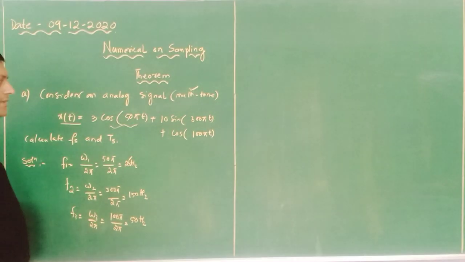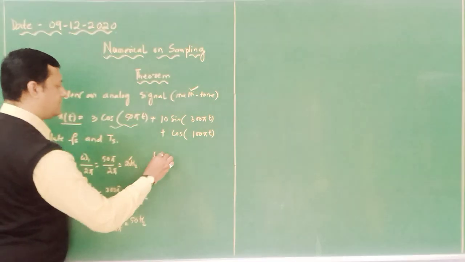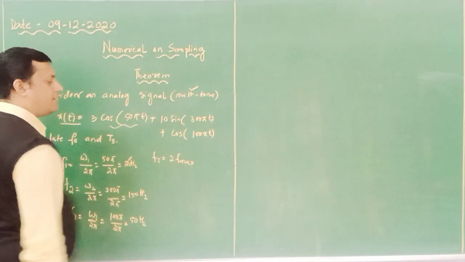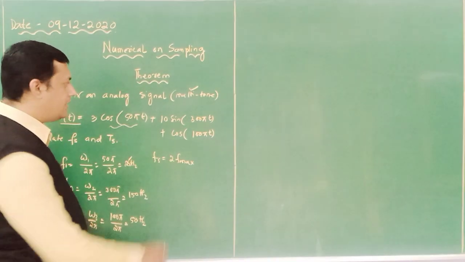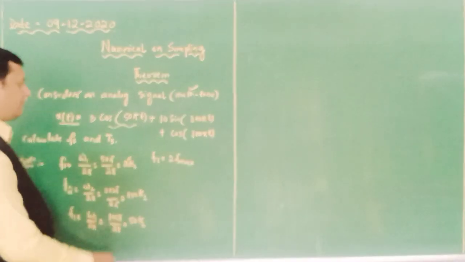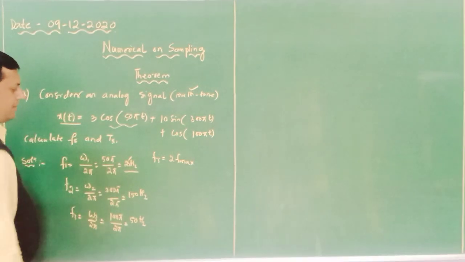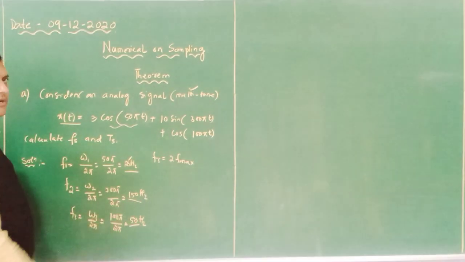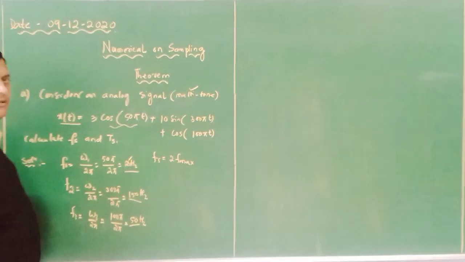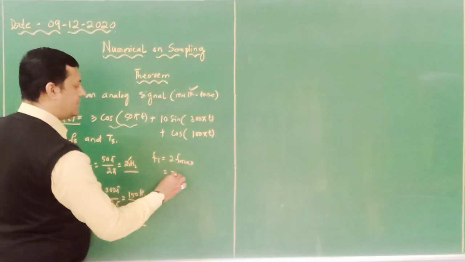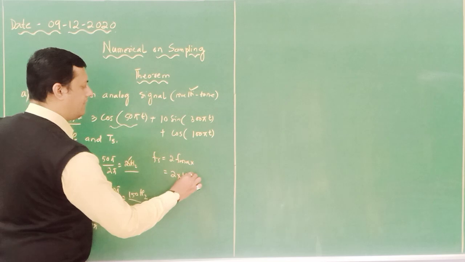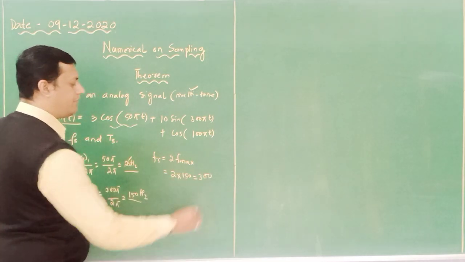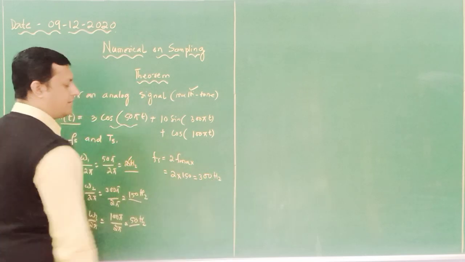Now as we have discussed how to determine Fs, Fs is nothing but twice of F max, the maximum frequency available in the given modulating signal. Now you can see which one is maximum: 25, 150, or 50. 150 is maximum. So the sampling frequency or the Nyquist rate will be twice of 150, that is 300 hertz.